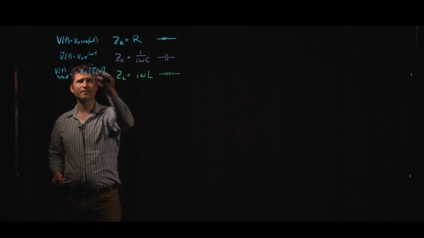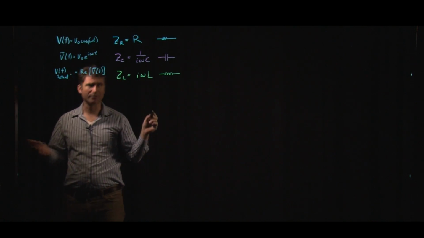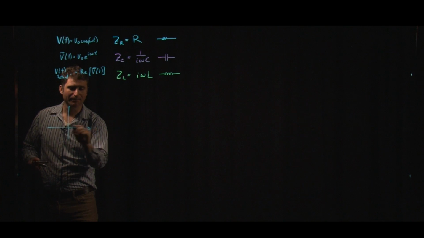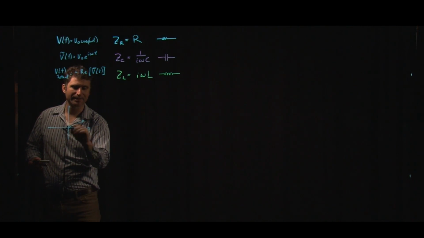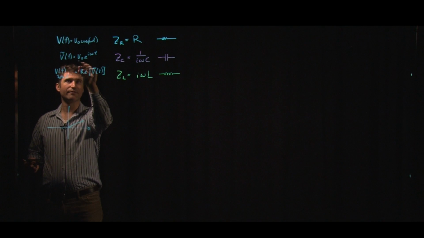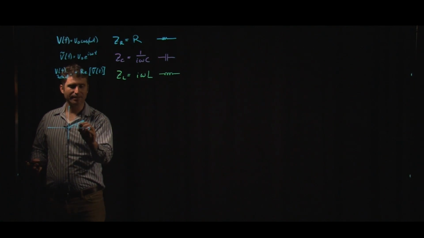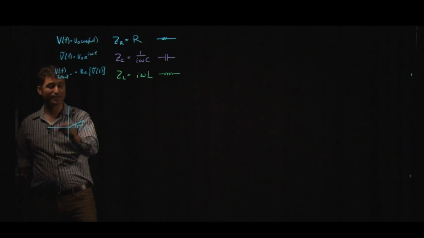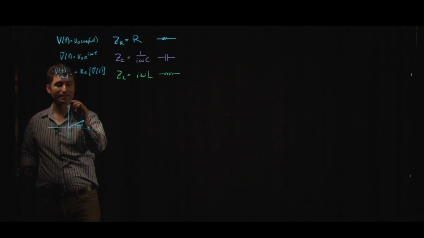We're writing this in a complex phasor notation, meaning that in the complex plane we have a vector with an amplitude of V naught and some phase omega t, and as time goes forward, this thing is spinning around the complex plane.